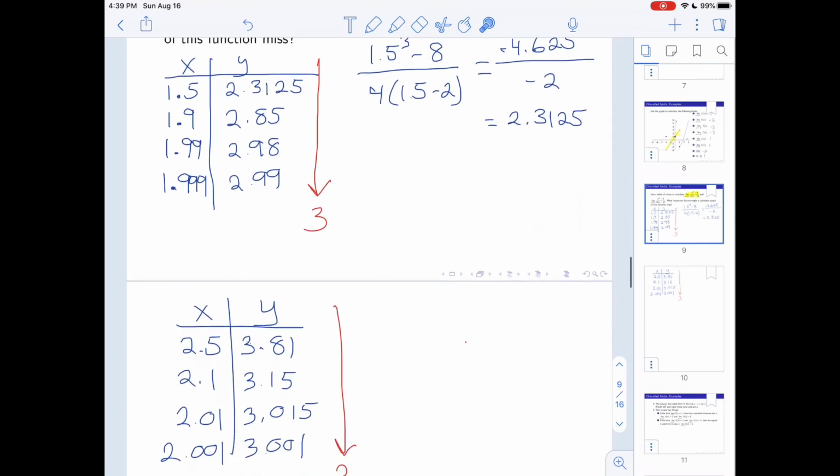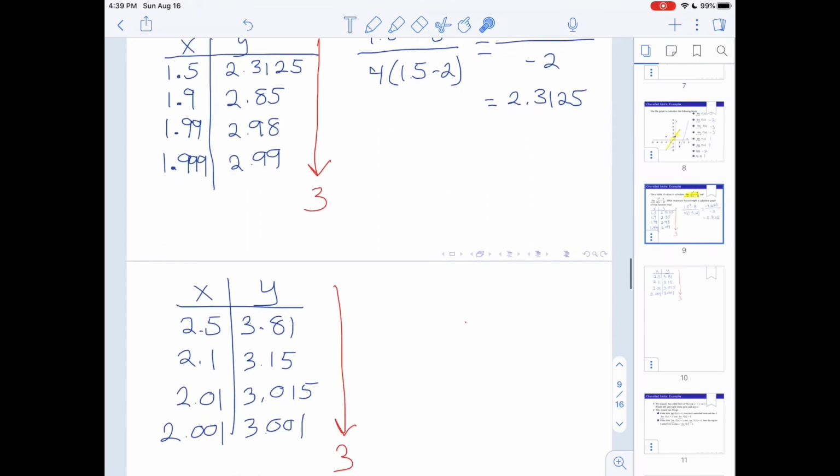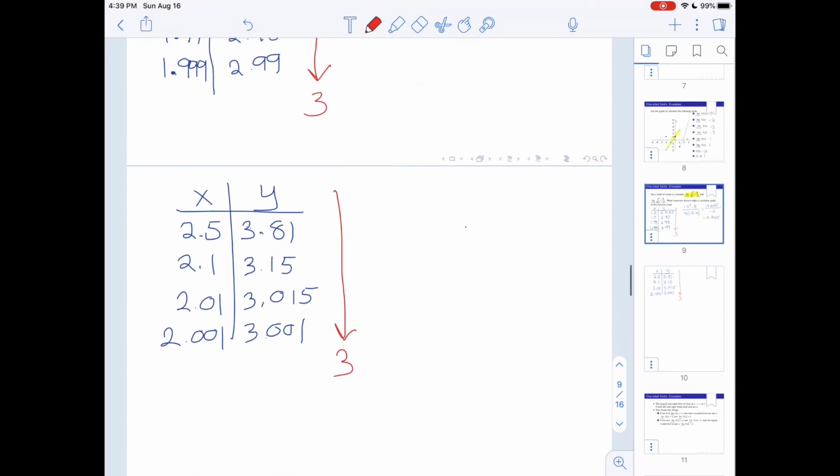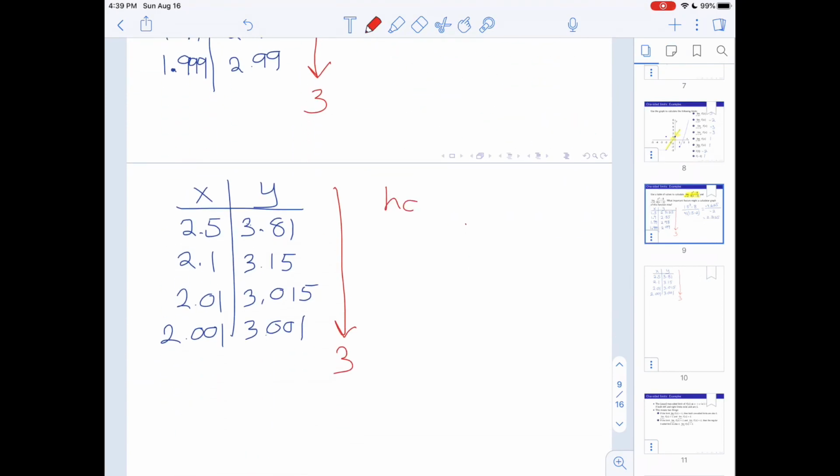And based on these tables, this doesn't look like we have an asymptote. It doesn't look like our numbers are getting bigger or smaller forever and ever and ever. They're getting close to 3. So the important feature here that I'm referring to is there is a hole at the point (2, 3) in the graph.